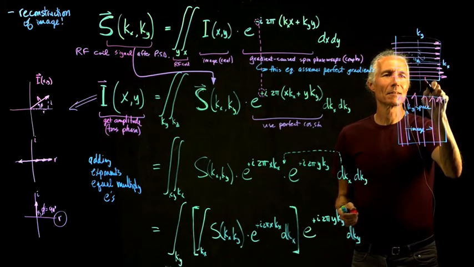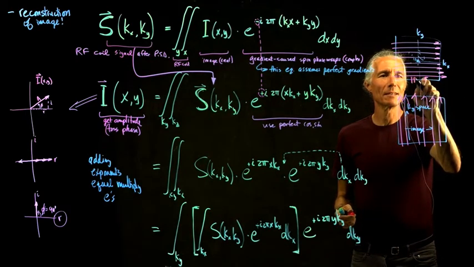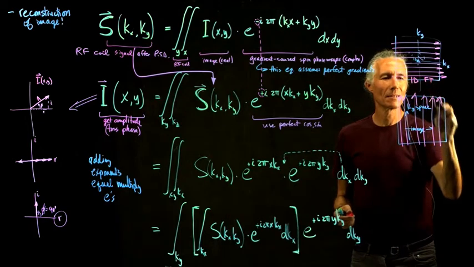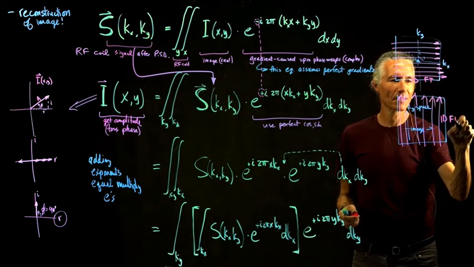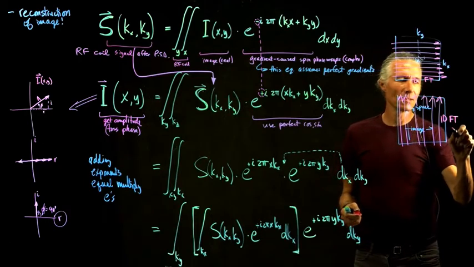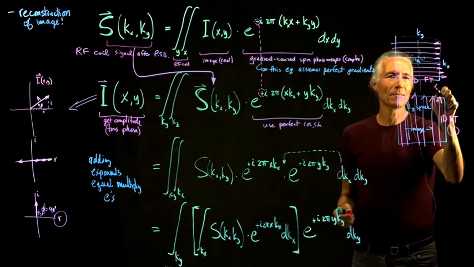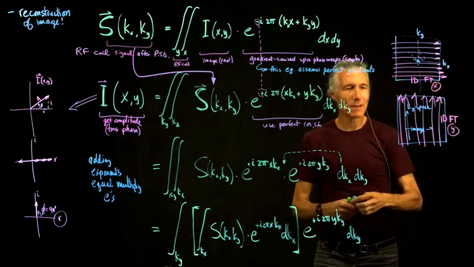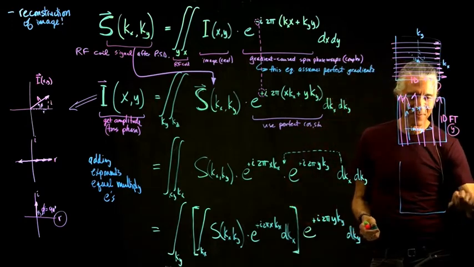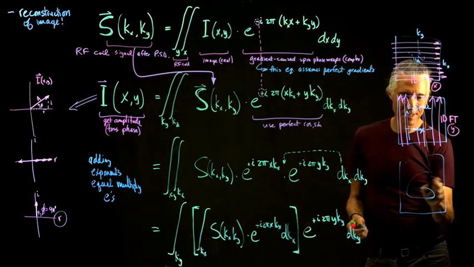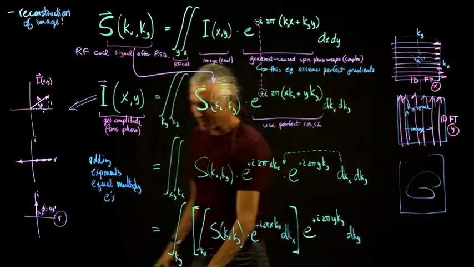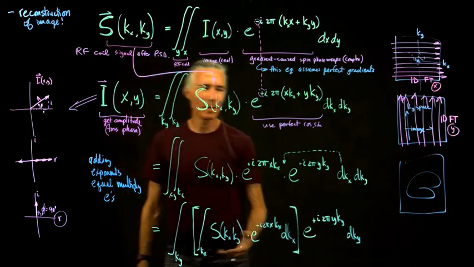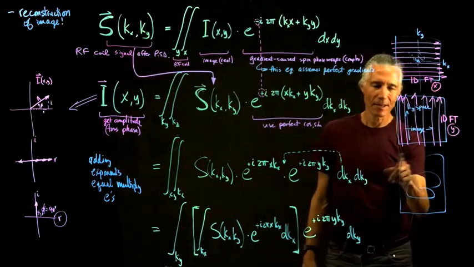So this is our 1D FT in the x direction, and now we have 1D FT the other way, in the y direction. And so then what do you get? Then you get a brain. So that's actually the way it's done. It's even done that way in MATLAB. It's more efficient to do it that way.